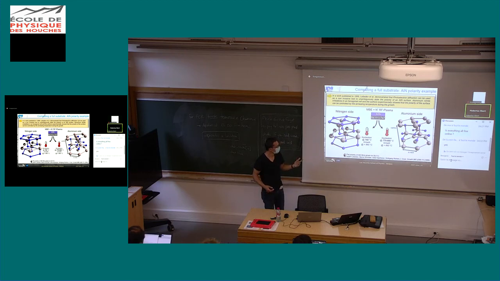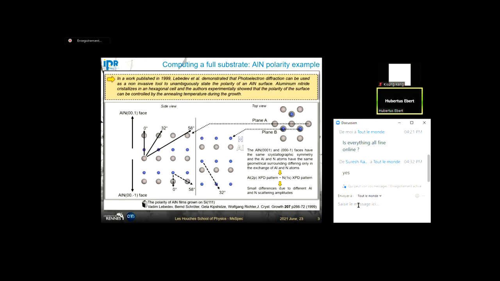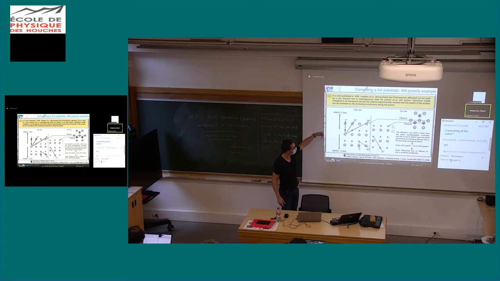And they wanted to be sure about the polarity of such a sample. So what they did is to look at the photoelectron diffraction pattern, because if you look at the structure, the interesting thing is that the geometrical environment for the aluminum atom and the nitrogen atom for both polarities is actually the same, just by exchanging nitrogen and aluminum.